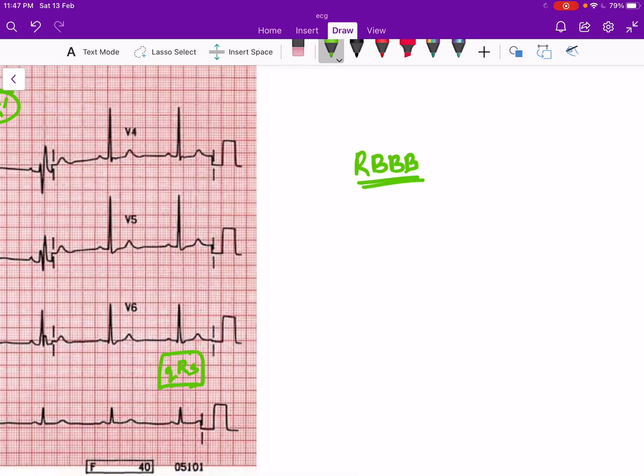This right bundle branch block can be seen in completely normal individuals.